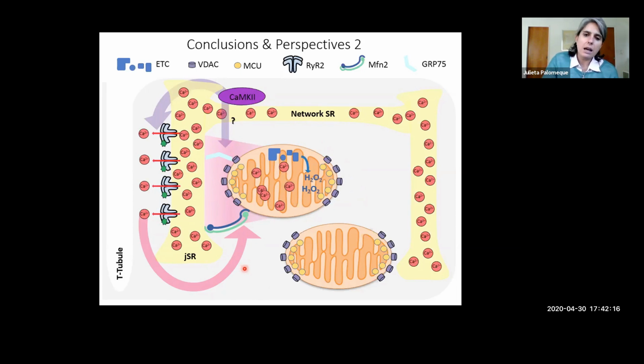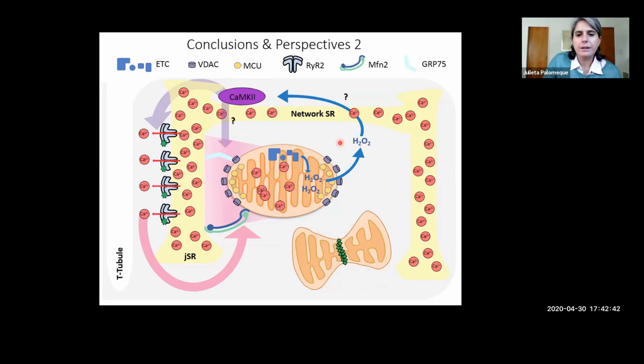And then we speculate that peroxide production by the mitochondria is making a vicious cycle between hydrogen peroxide, CaMKII activation, and more calcium in this microdomain, and so on.